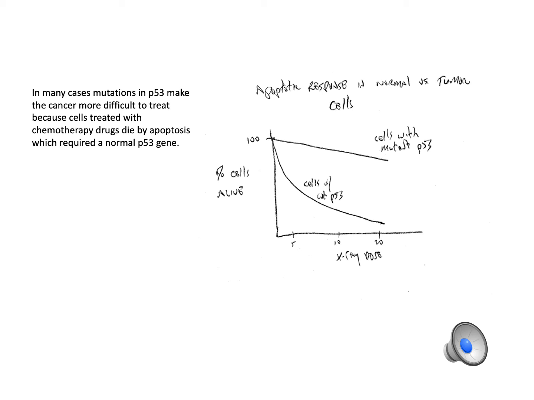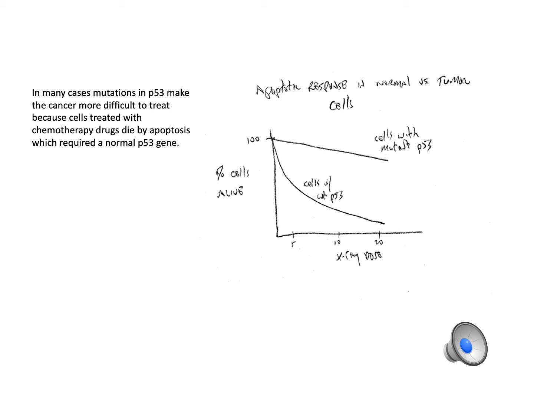And if you look at this chart here, what this is showing is the percent of cells dying in response to X-ray dose. And what you have at the top is 100% cells viable, and at the bottom, on the left-hand side, 100% cells viable.